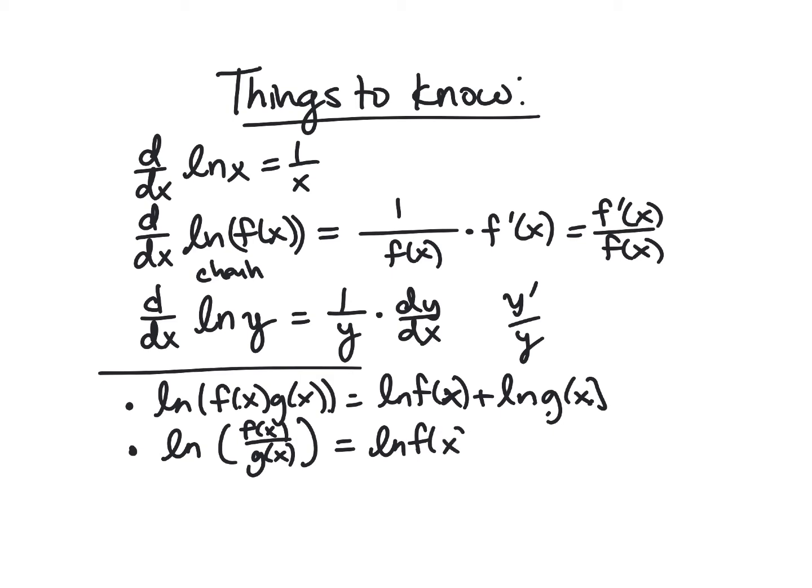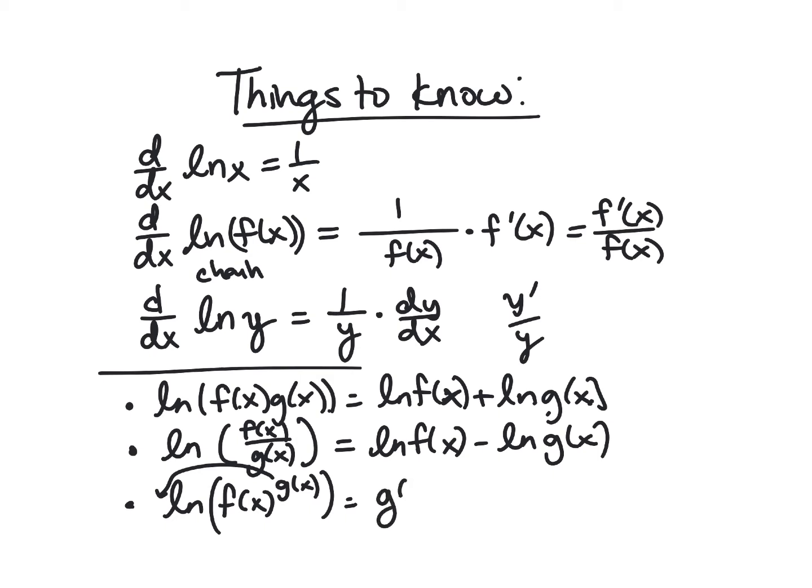So I have natural log of f of x minus the natural log of the denominator, g of x. And finally, if we have some function to another function power, then the power comes down out front, and so this ends up being g of x times the natural log of f of x.